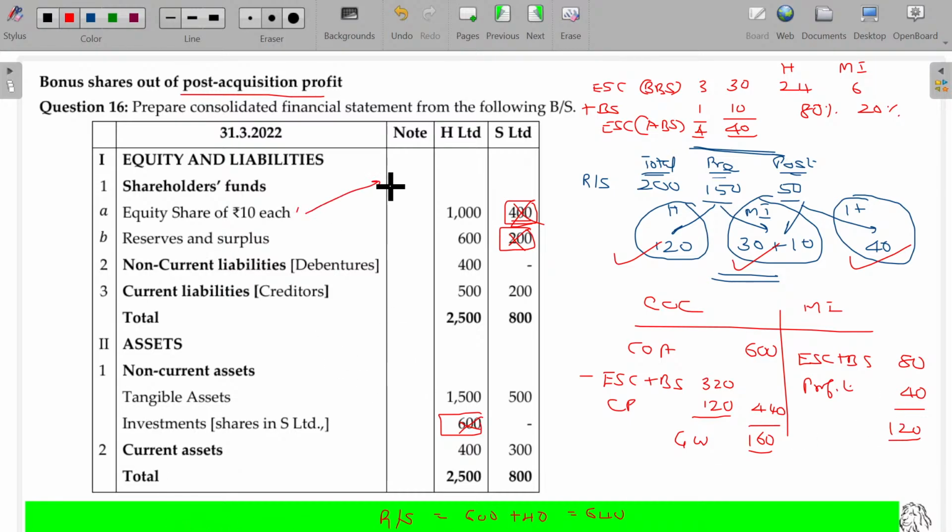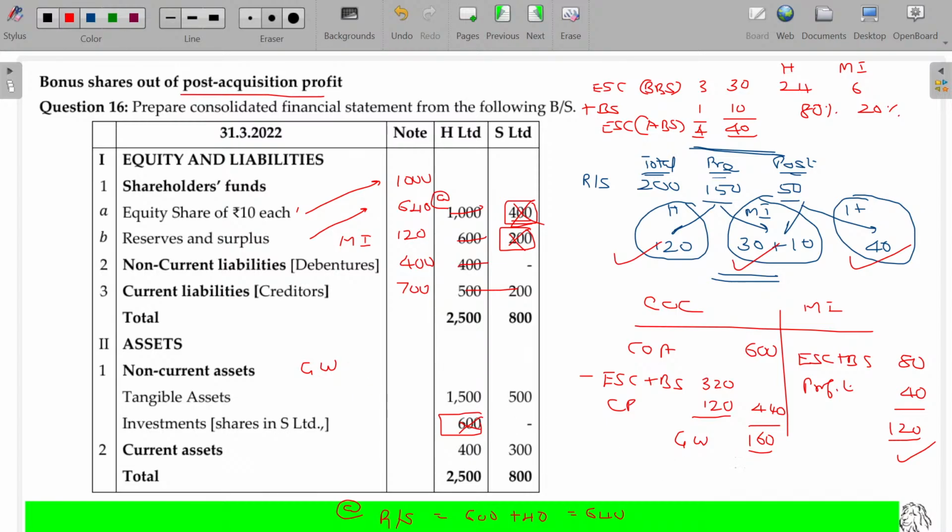Now equity share capital being 1000 remains as it is. Reserves and surplus, we have to take it from here, 640, and minority interest 120, and debentures 400, current liability 700.